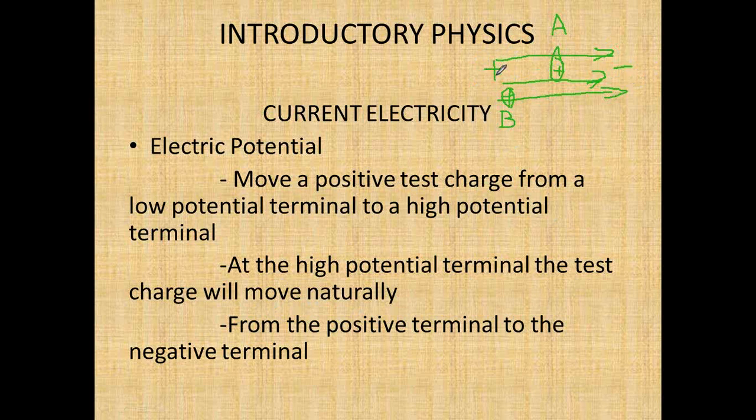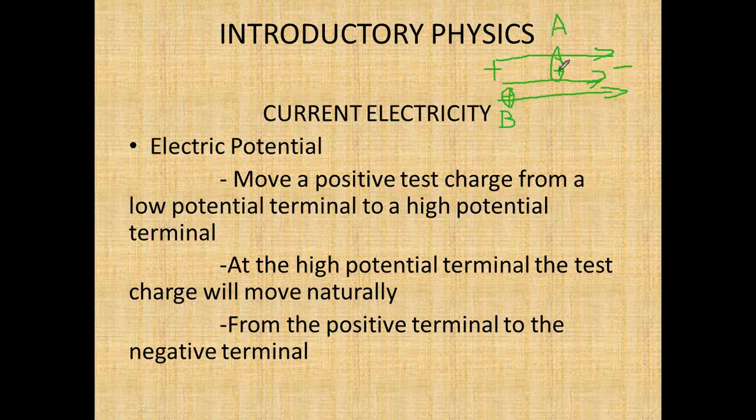High potential terminal because you have to supply external energy. You have to do work to move it towards the positive terminal. Just like you're lifting an object off the ground and putting it at a certain height. Once you put it at a certain height, the object is going to have potential energy. And if you roll it off, say, the wall, that potential energy is now converted to kinetic energy.